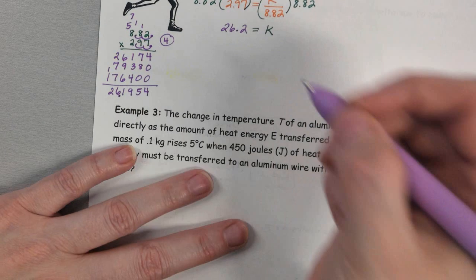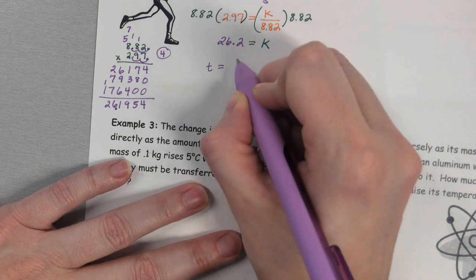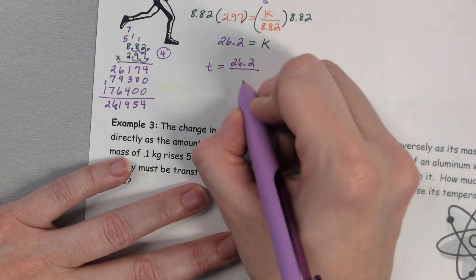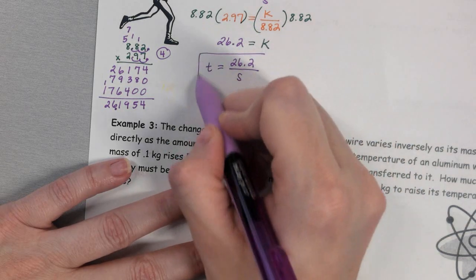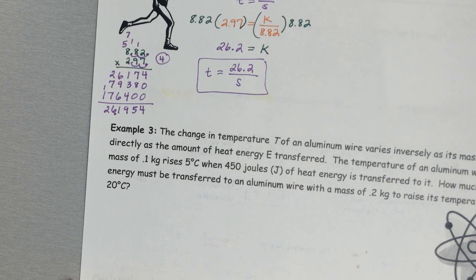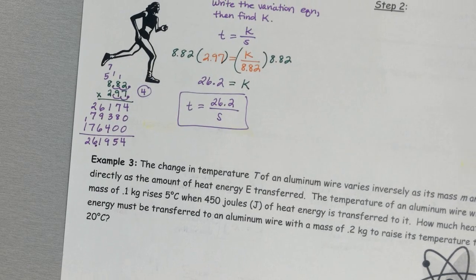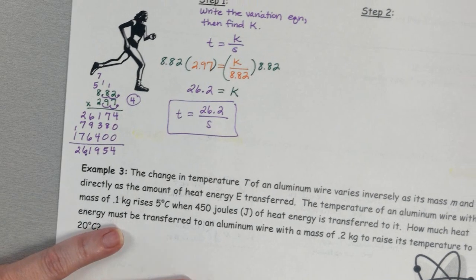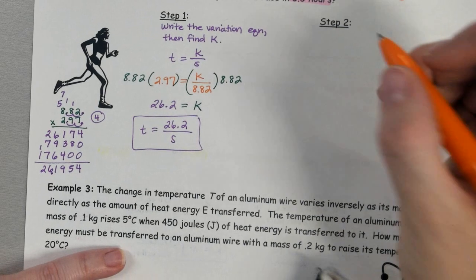Alright, so let's write our equation. So the t equals 26.2 over s. Okay, great job. Now, for step 2, it says to find the average speed of a runner who completes the race in 3.5 hours.